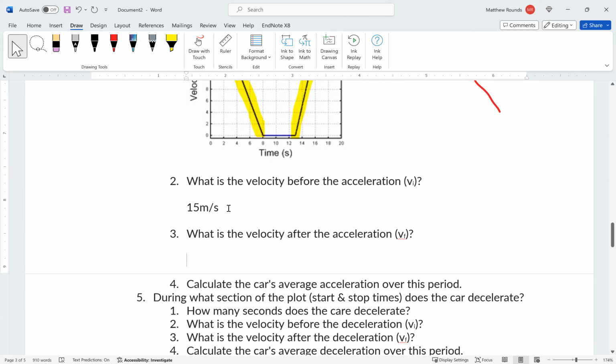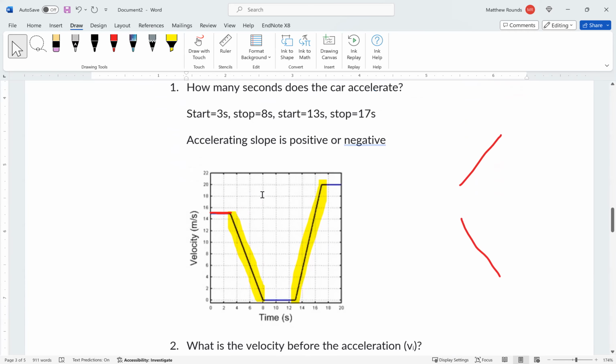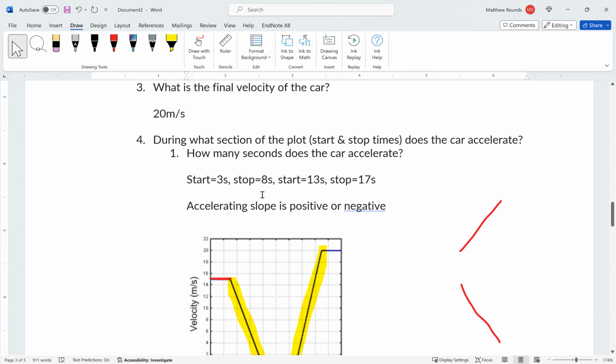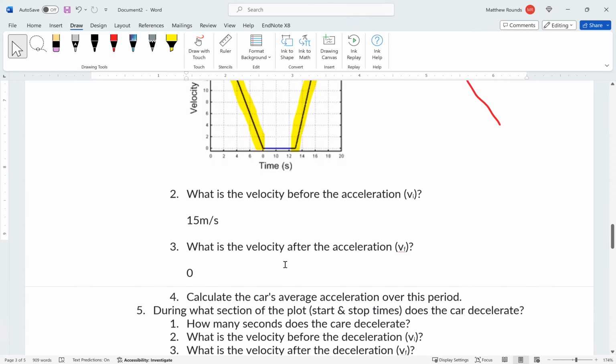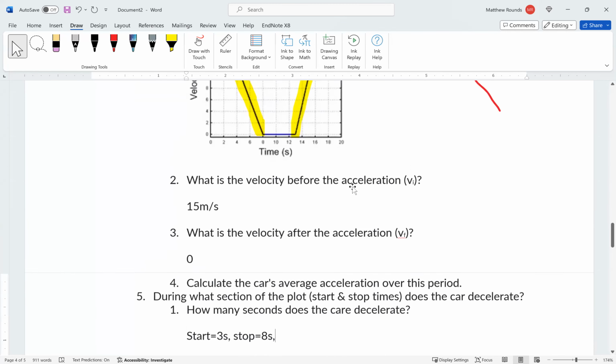You know what? This is a little deceptive. This right here is referring just to the one that goes up and to the right. Now I see what they're doing.